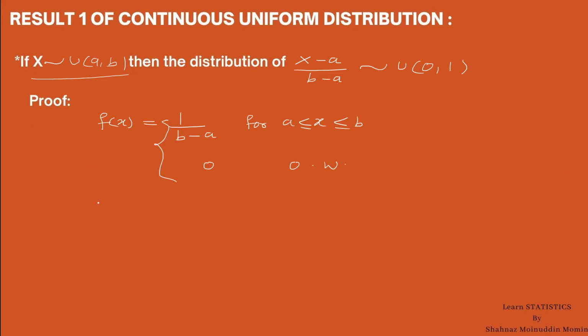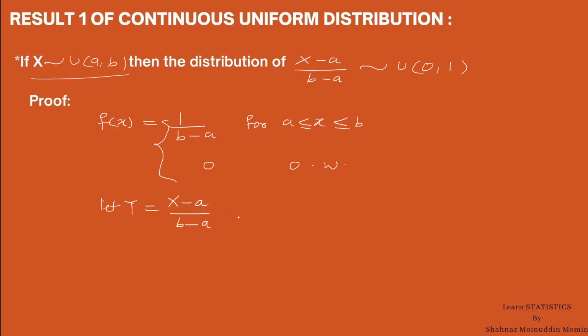Let us define a new variable y equal to (x minus a) divided by (b minus a). Our variable under study is x. Now we transform x to y by the univariate transformation (x minus a) divided by (b minus a).